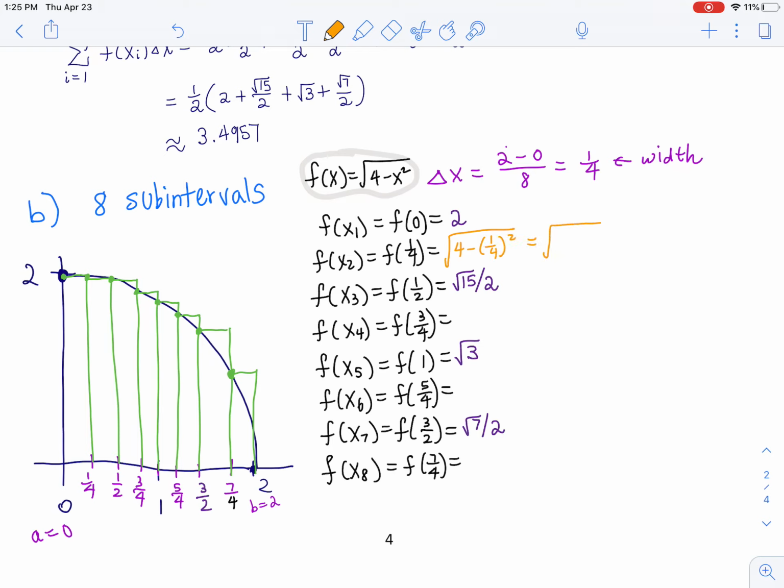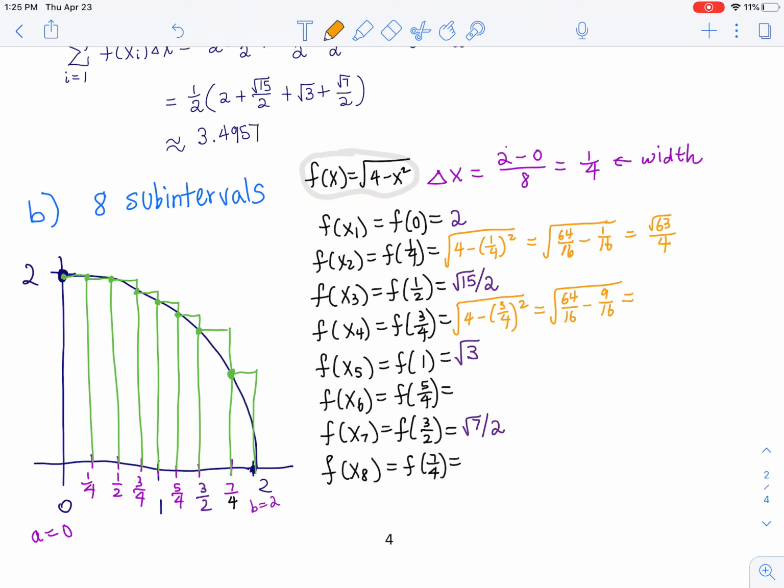And these are the 4 values that we evaluated in the first part when we did 4 subintervals. But now I gotta do the other ones, okay? So excuse me as I figure these out. 4 minus a quarter squared under the square root. That's going to be 64 over 16 minus 1 over 16. Square root of 63 over 4.